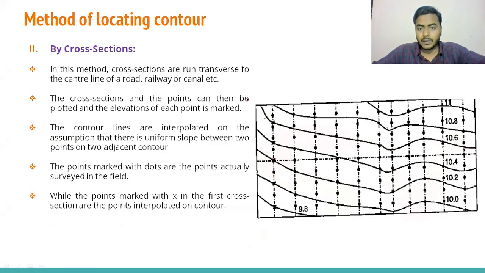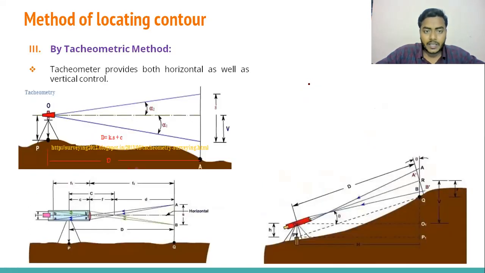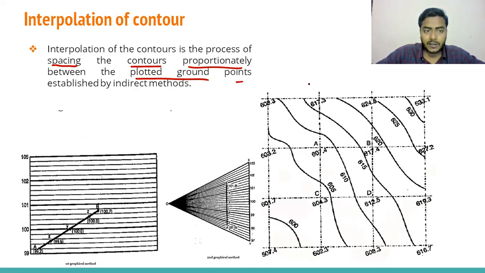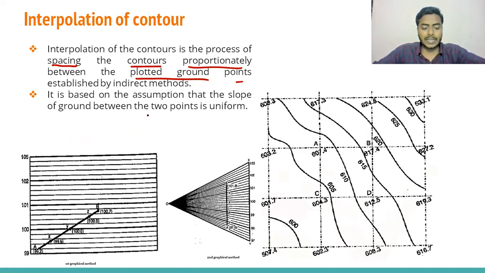These are the plotted points on the ground, and in this drawing we have to find the point where the contour line passes. We have located this point by interpolation. According to their elevations, we have to find what the spacing will be from the plotted ground points.